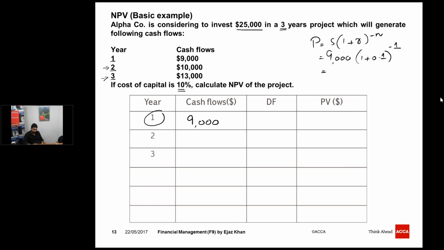Can anybody calculate it for me? The present value of $9,000. Just write the answer in the chat box.